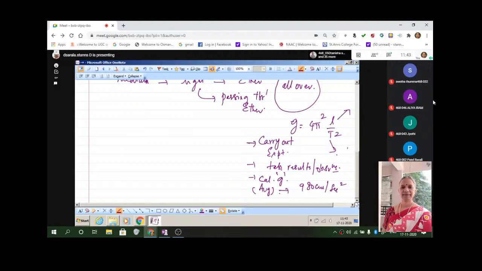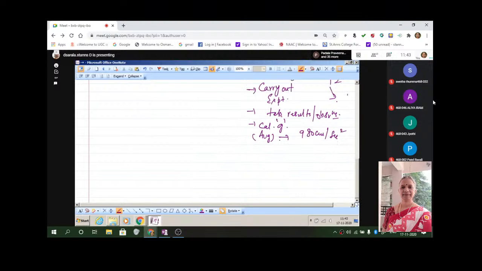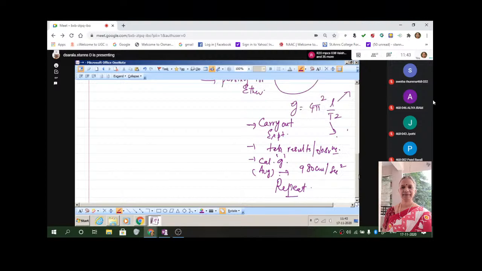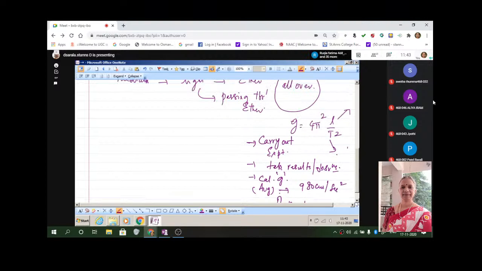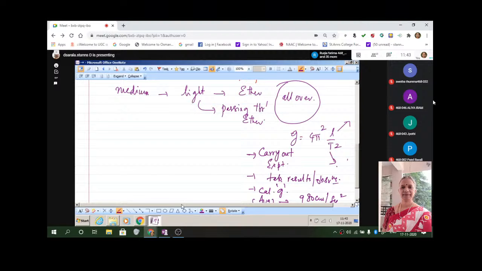If you are getting a very large value or very low value, your lecturers will ask you to repeat. It is not satisfactory. Likewise, they conducted many experiments to prove the existence of ether.